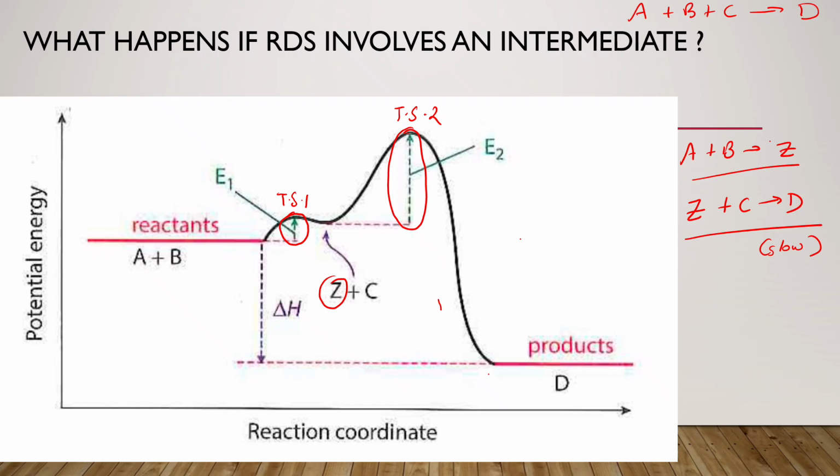So now if we see, that means the rate of the reaction is only going to depend on the concentration of entities involved in the slower step.